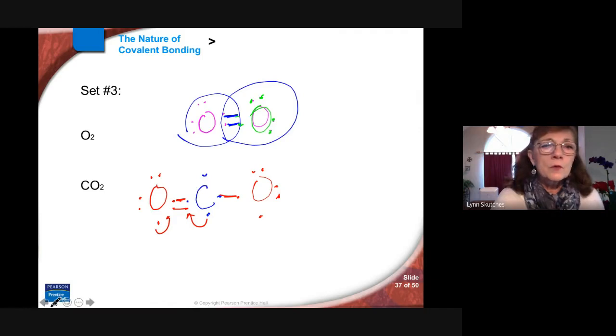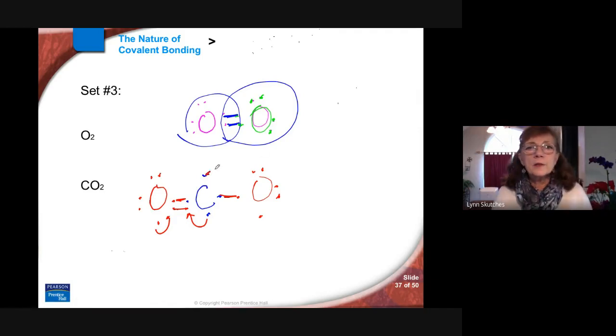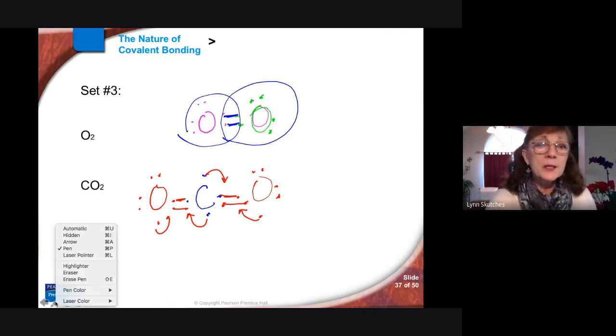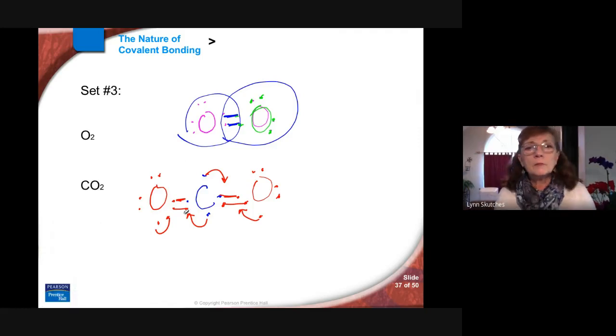And you have to understand that just because you draw them on your paper in a different place doesn't mean they can't bond. So carbon dioxide is a linear molecule, and it is double bonded.